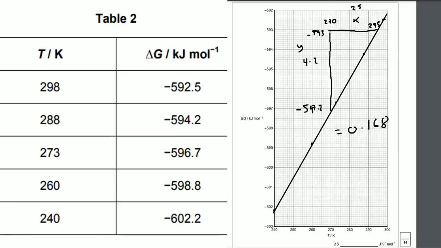So I got 0.168 from my units. And again, there we go. That's how you do the graph and convert to delta S. So delta S is in joules, so times 1,000, and we get 168.